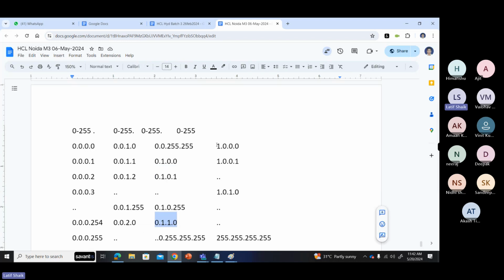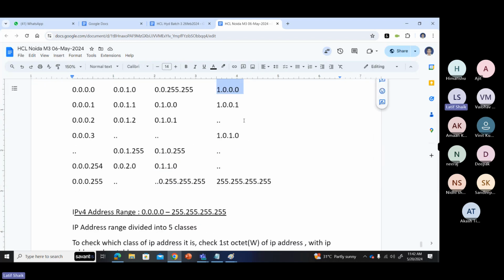Once it reaches there, again 1.0.0.0, 1.0.0.1, 1.0.0.2, and so on, and finally we reach 255.255.255.255.